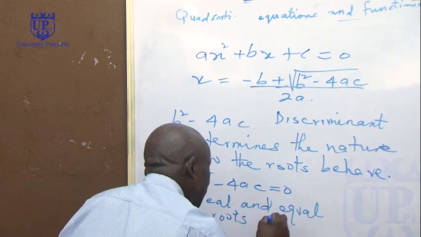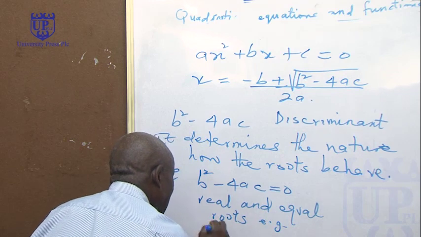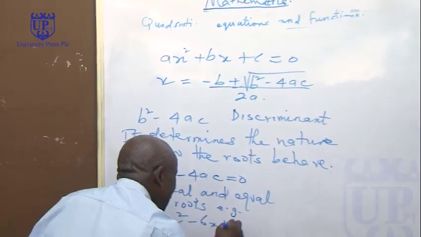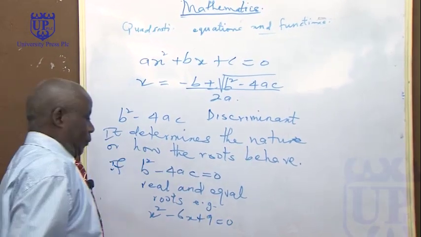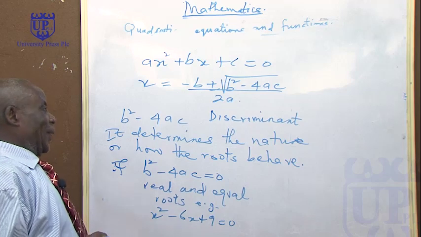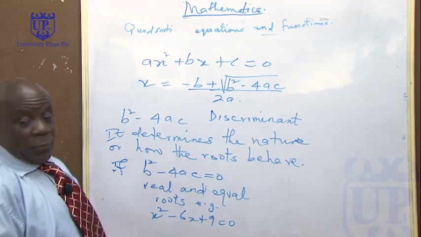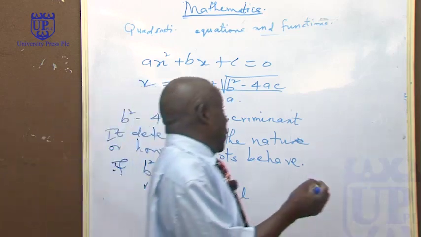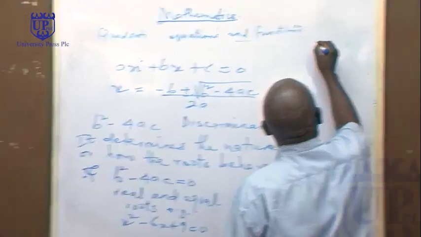For example, x squared minus 6x plus 9 equals 0. And so on. I will give you the diagram. The diagrams are here because I don't want to waste your time. But let me just give you the diagram of one.